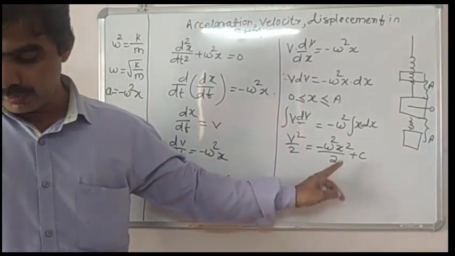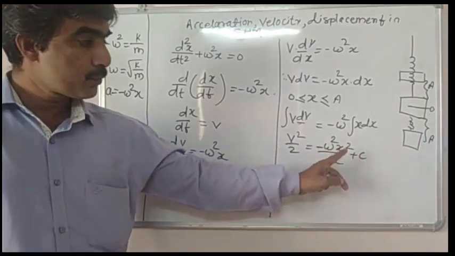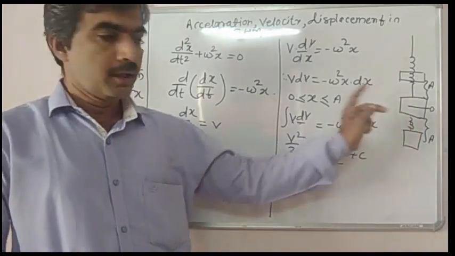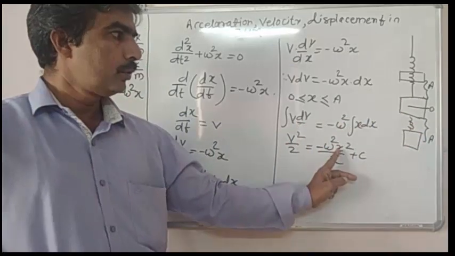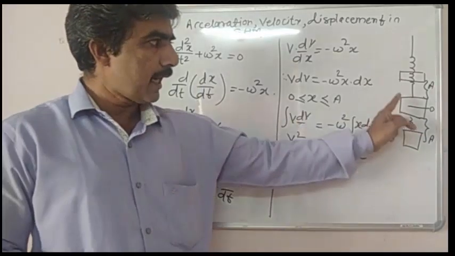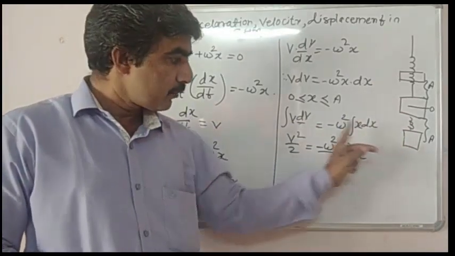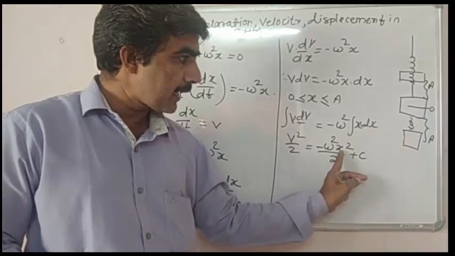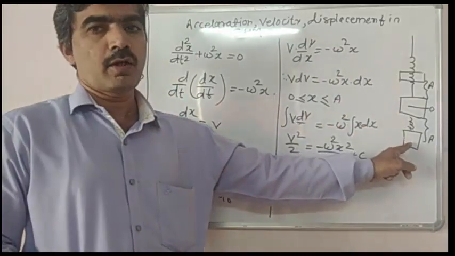We have to find the value of this constant of integration by substituting the value of x at extreme position and mean position. Now see, at mean position x becomes 0. At extreme position x becomes equal to amplitude A, where v becomes 0, velocity becomes 0.